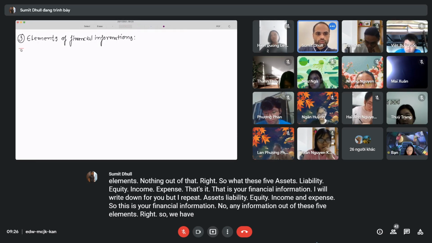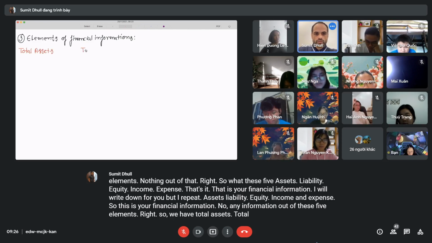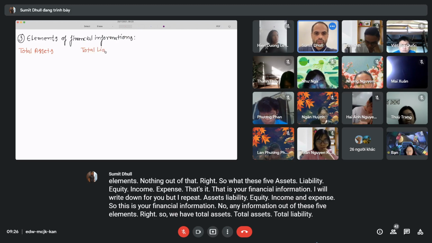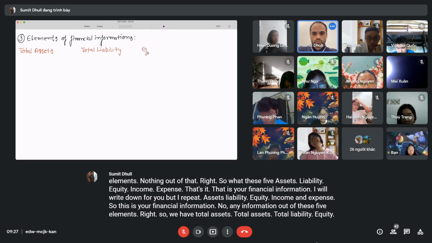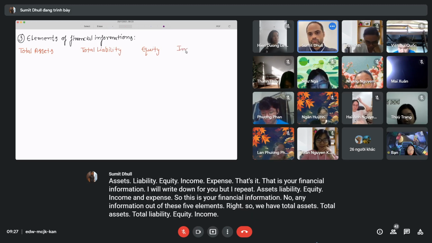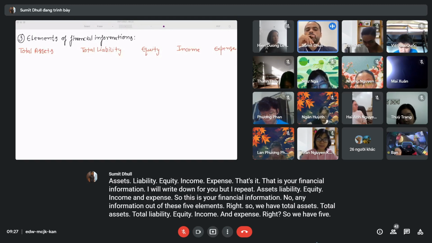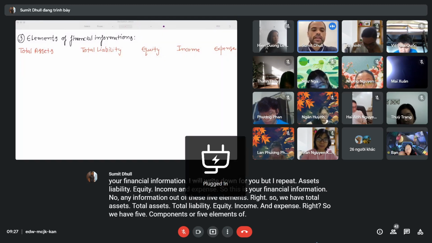So we have total assets, total liability, equity, income, and expense. Right. So we have 5 components or 5 elements of financial information.